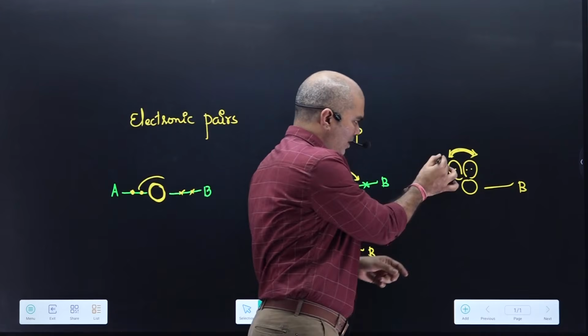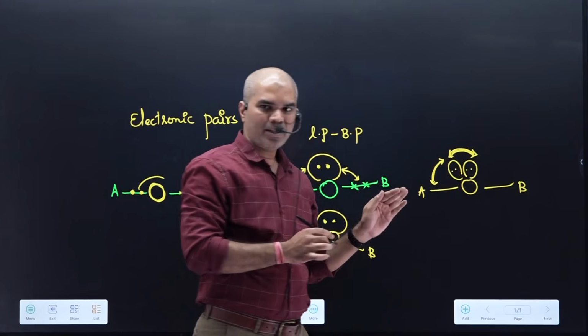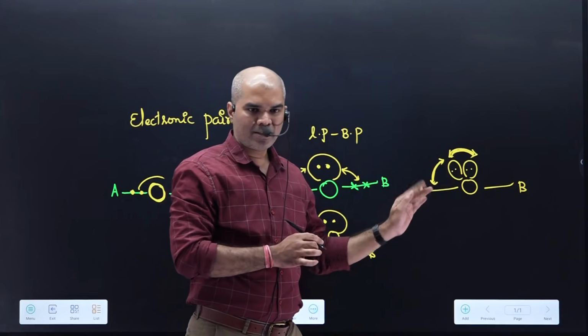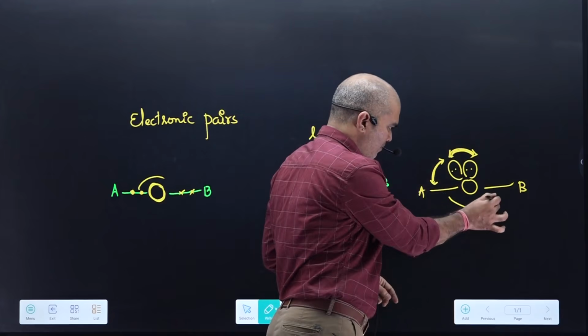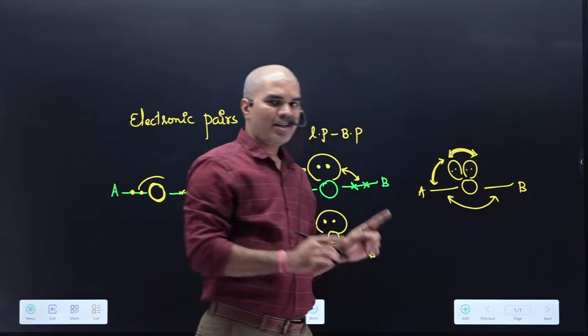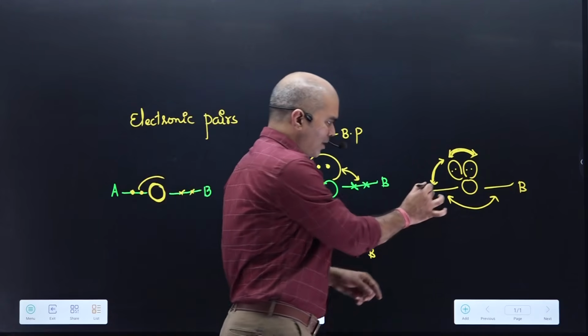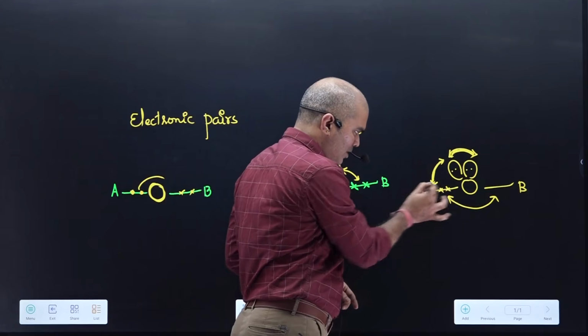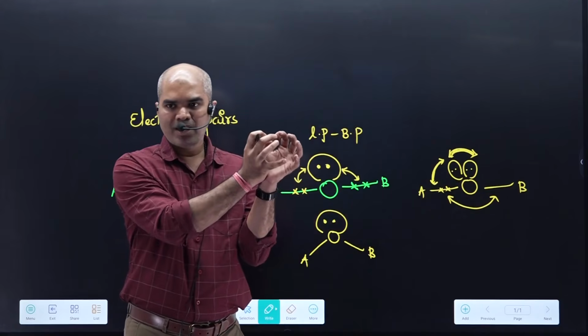Lone pair bond pair repulsion: its magnitude will be a little bit decreased in comparison with lone pair. Bond pair repulsion is still less. Why is it still less? Because there is a pair of electrons, but that pair is distributed between two atoms. It is not concentrated on a single atom or the central atom.